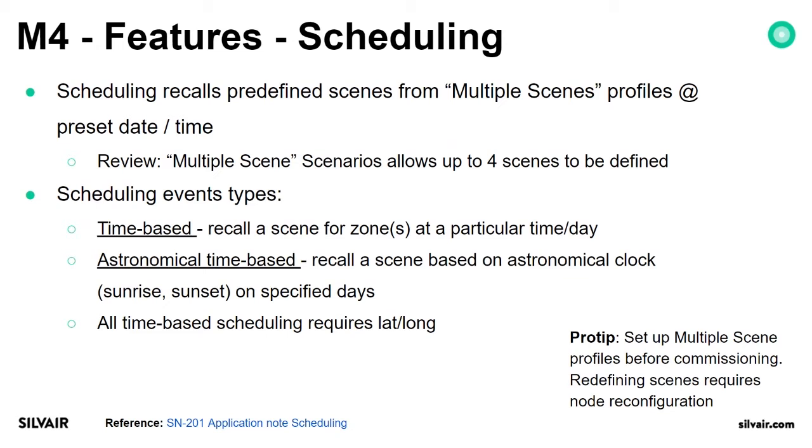This is one of the points for a project planning checklist, where you would need to know which zones you plan to commission and which areas should be controlled with the gateway. Also, to test such multiple scenes takes some time, so it's always good to have this prepared earlier.